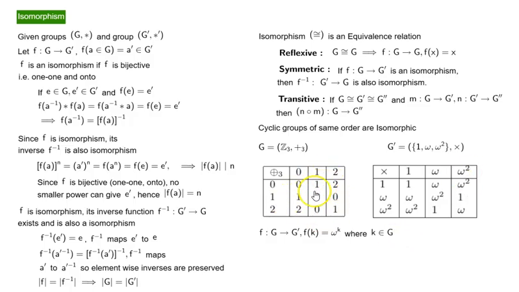Similarly, the sum of any two elements will map to the product of the corresponding elements here. So F maps G to G prime, and F inverse maps G prime to G. So we can say that G is isomorphic to G prime, or straightforwardly that Z3 is isomorphic to the group of cube roots of unity under multiplication.